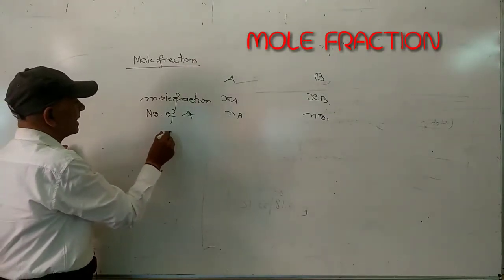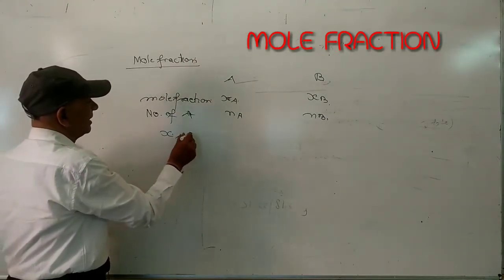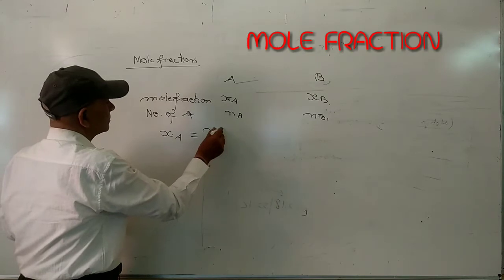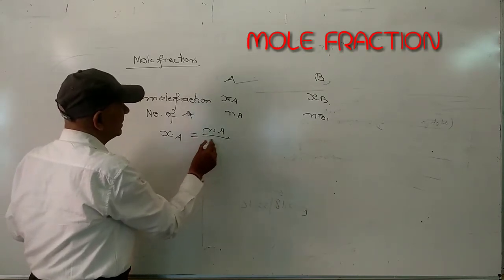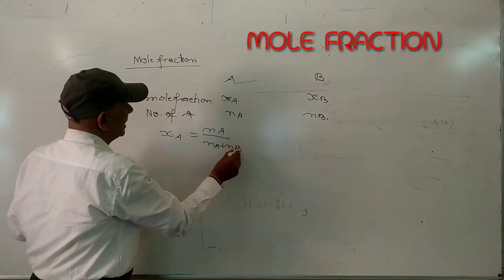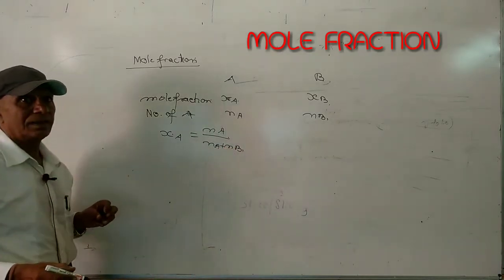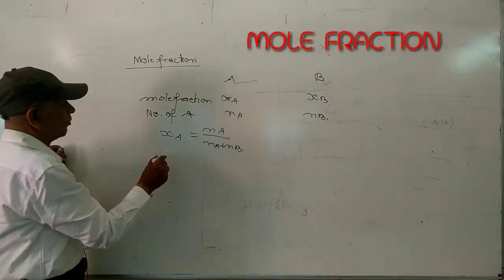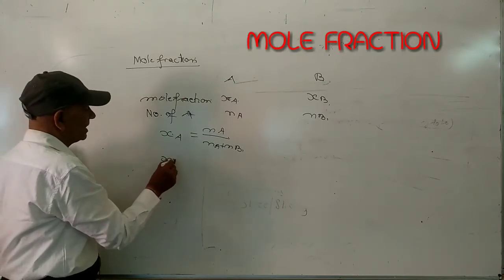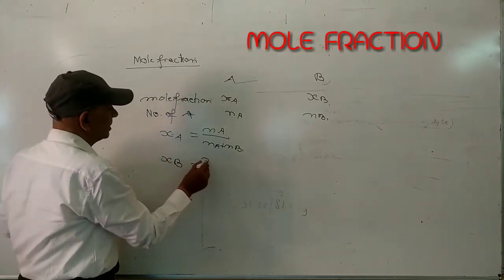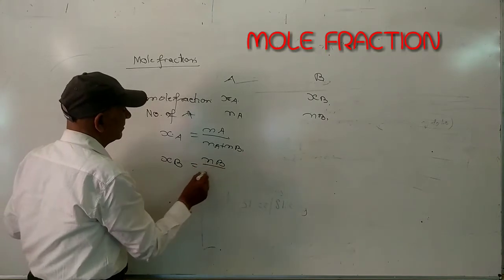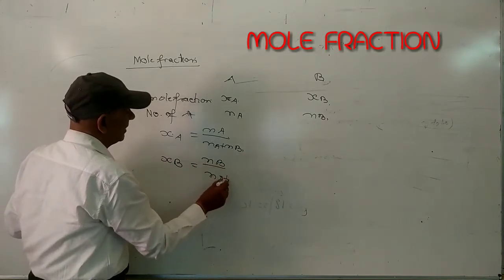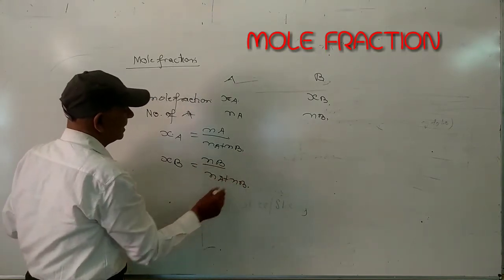Then the mole fraction of component A will be equal to the number of moles of A divided by the total number of moles, NA plus NB. Similarly, the mole fraction of component B will be equal to NB by NA plus NB.